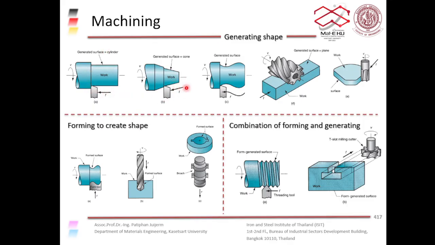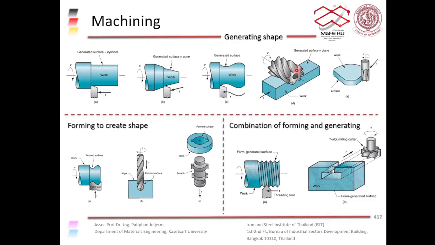If you move it diagonally, you produce a conical shape. If you move it in this fashion, you get a wavy surface. This is called generating. You have a quite basic cutting tool, but you move it differently to get different surfaces.